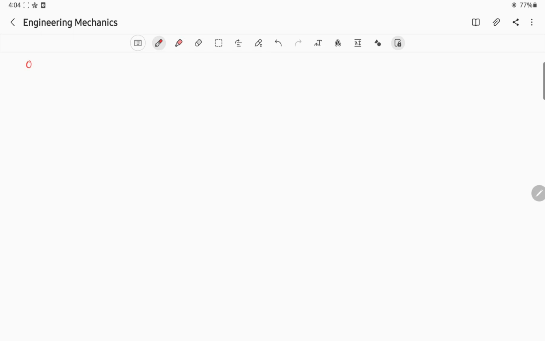A uniform ladder 8 meters long weighs 200 Newton.